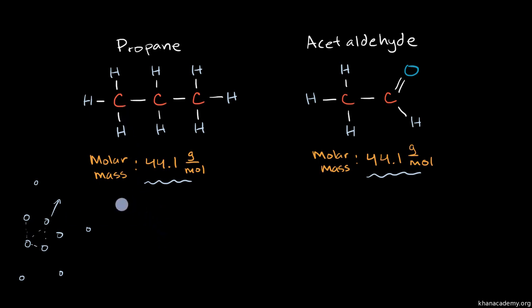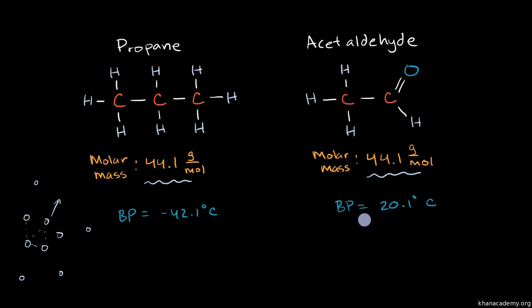The boiling point of propane is negative 42.1 degrees Celsius, while the boiling point of acetaldehyde is 20.1 degrees Celsius. So what makes the difference? Why does acetaldehyde have such a higher boiling point?